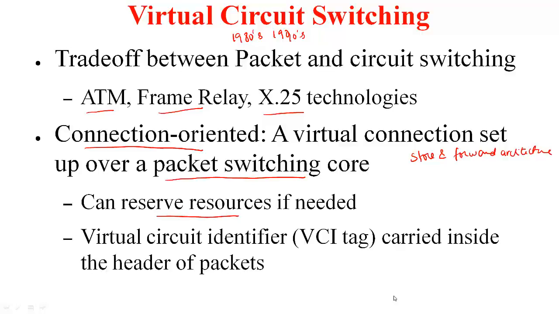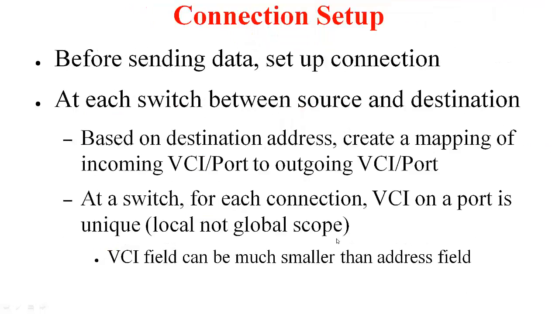Since you are operating on a packet switching core, the packets that you are sending to a switch need to carry some information on what to do with this particular packet. This is done through what is called a virtual circuit identifier, VCI tag. This is carried inside the header of packets. So here is what happens. Before you send any data, you need to set up a connection between the source and the destination. And at each switch between the source and the destination, this is what you're going to do.